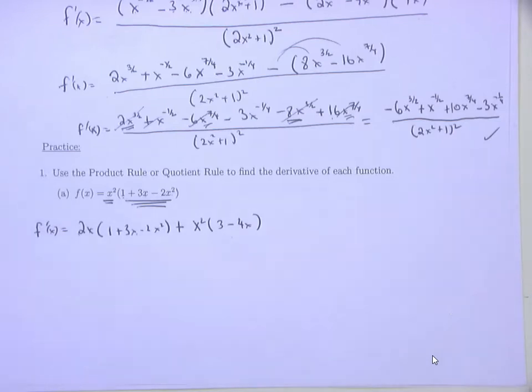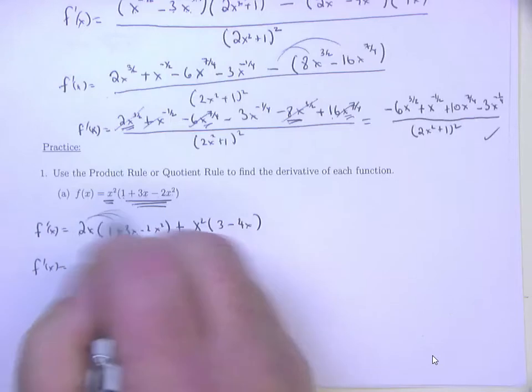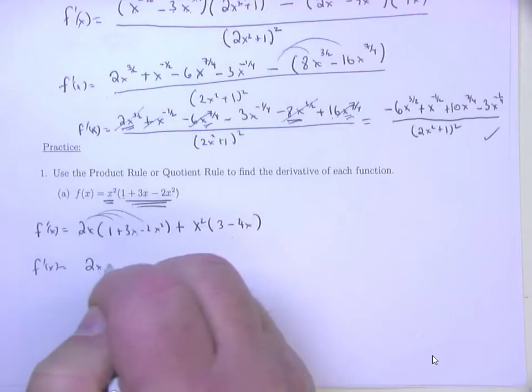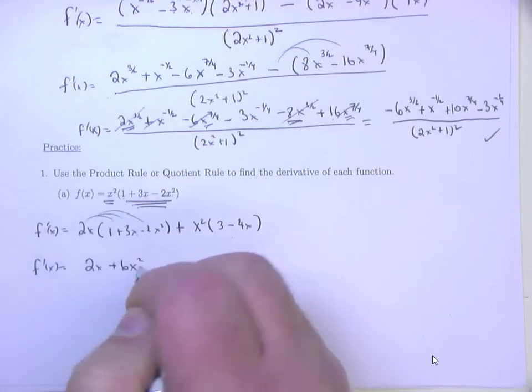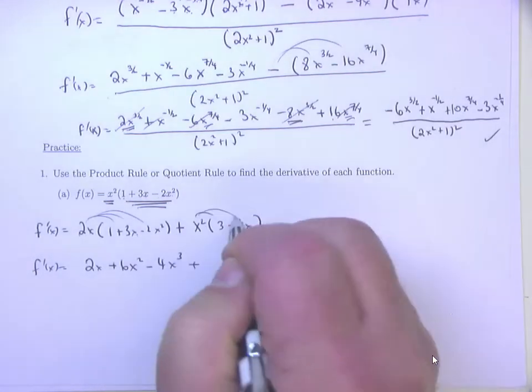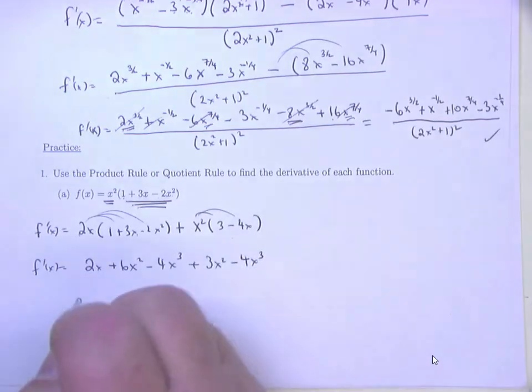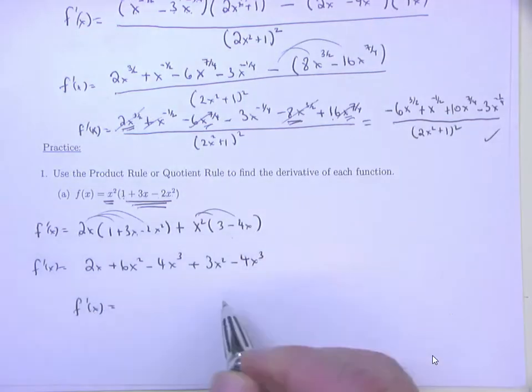But let's clean it up. So my derivative would be equal to, I'm going to distribute here, that would give me 2x plus 6x squared minus 4x cubed, plus I'm going to distribute the x squared, plus 3x squared minus 4x cubed, and then I'm going to combine like terms.